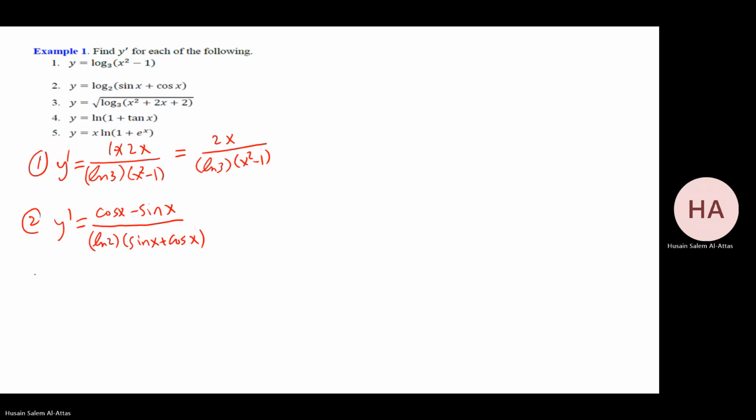That's it. Number 3, I can rewrite it as log with the base 3 of x squared plus 2x plus 2, all to the power half.